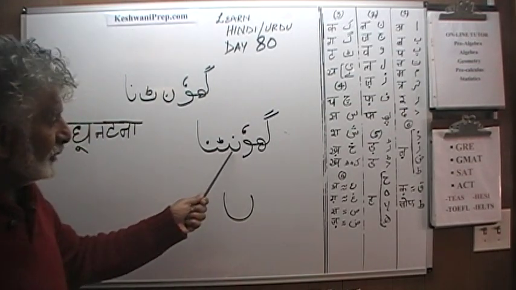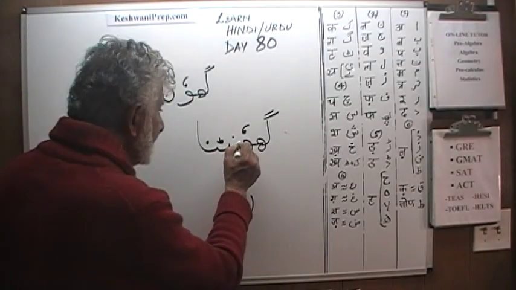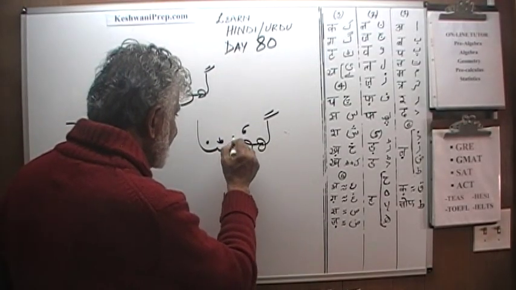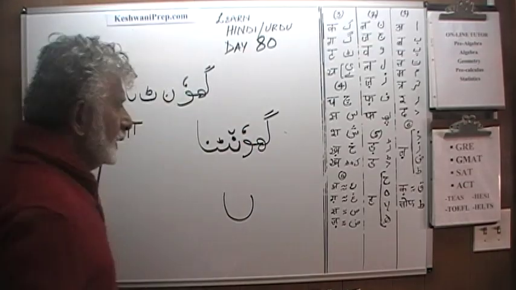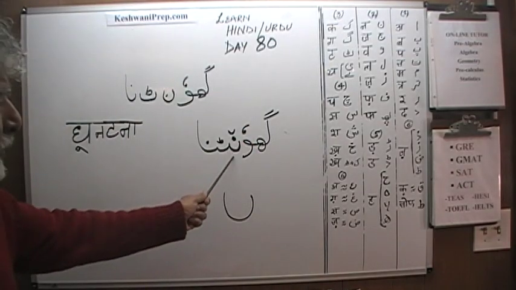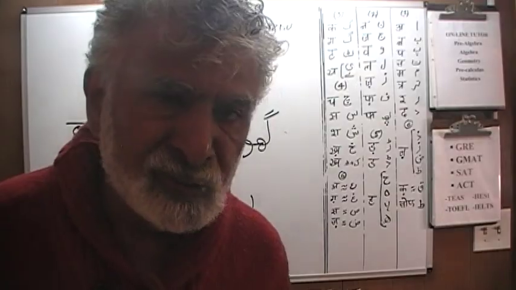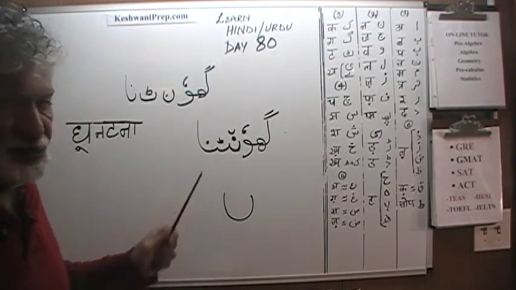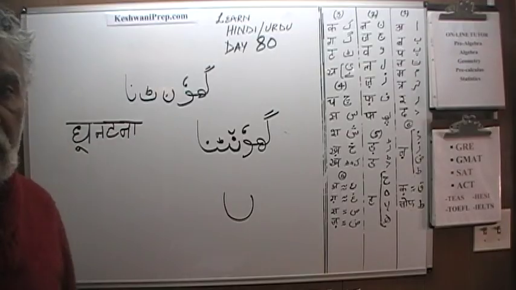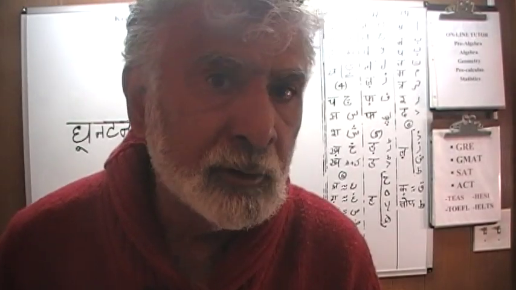But when it appears in the middle of the word, we do have to write the entire noon, but on top of the noon we put this symbol to tell the reader, don't pronounce this in its entirety. Hey, this is nasalized. It's not guna tana. It's gutna.